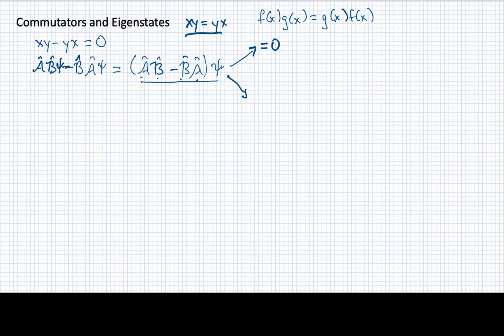And in this case, we would say that the operators commute. That is, they have the ability to be interchanged no matter which way I want to interchange them in applying these operations. But I also could have the situation where they don't equal 0 when I do this. And in that case, the operators do not commute.